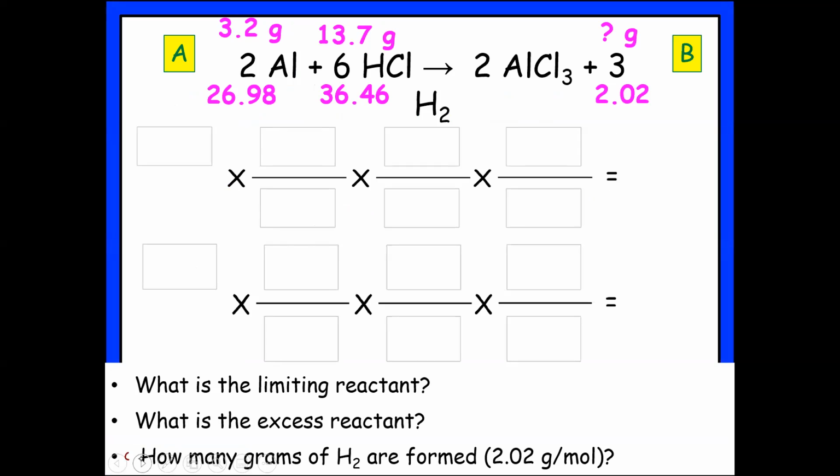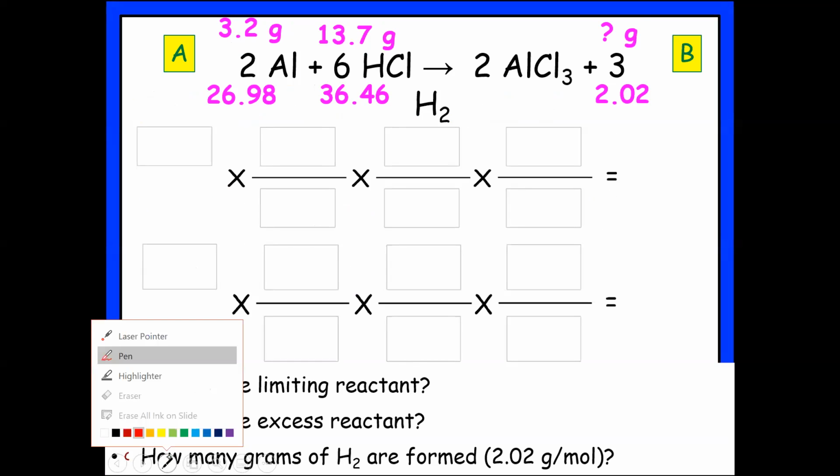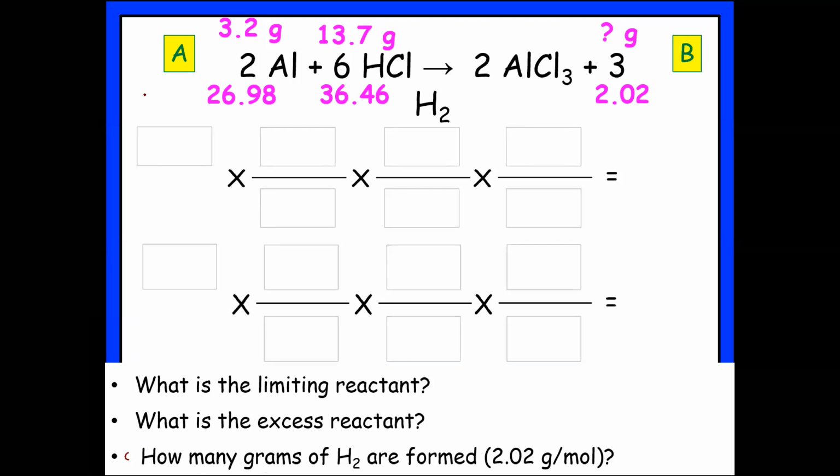So you're going to have to do this twice, but there's different ways to do it. What do you guys always put in the first box? The given. So what is our given?